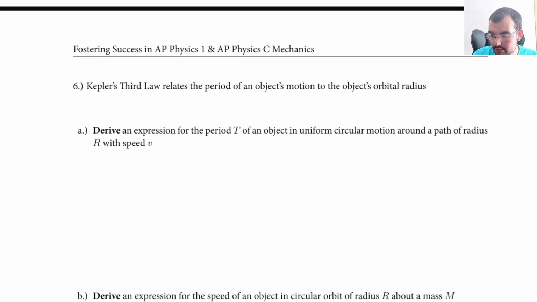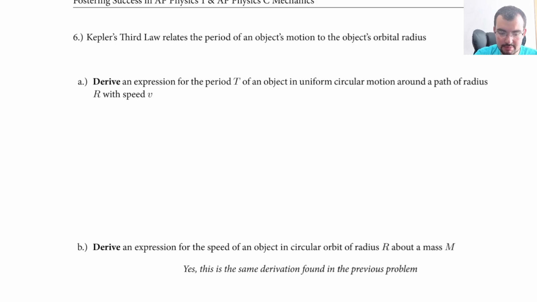All right, we'll conclude with an important application. This is the law of Kepler you need to know, Kepler's third law. I would not say memorize it, but you do need to be able to recreate this derivation from scratch. This is about connecting orbital period to the orbital radius. What's an expression for the period of an object in uniform circular motion?